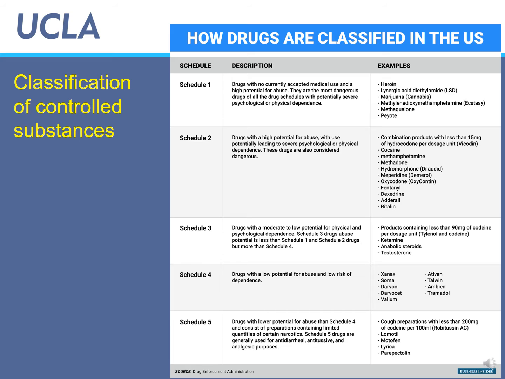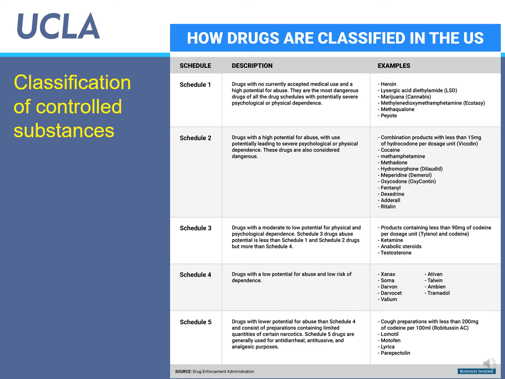Now, Schedule 2 drugs have a high potential for abuse, with use potentially leading to severe psychological or physical dependence, and these are considered dangerous. Here you have Vicodin, that is now a Schedule 2. You have cocaine, methamphetamine, methadone, hydromorphone, oxycodone, fentanyl. So you see all the opioid analgesics are in there.